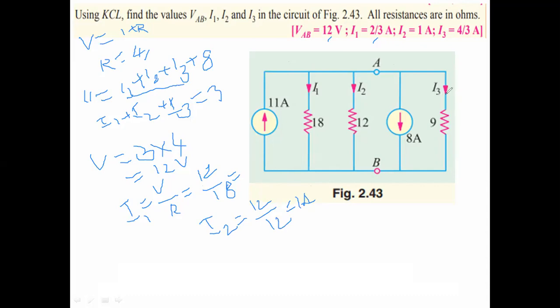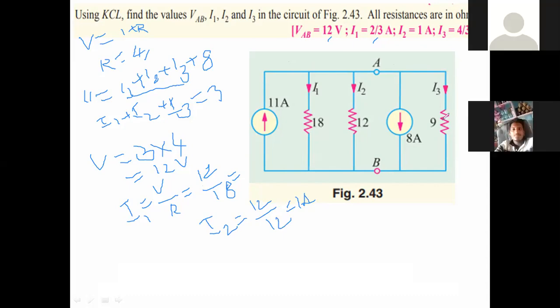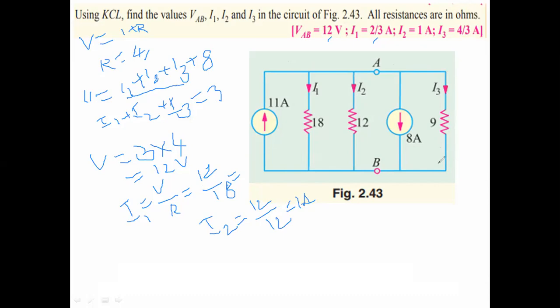Similarly, to find I3, the voltage is 12 volts and the resistance is 9. So 12 by 9, that gives 4 by 3 amperes, which is the current I3.